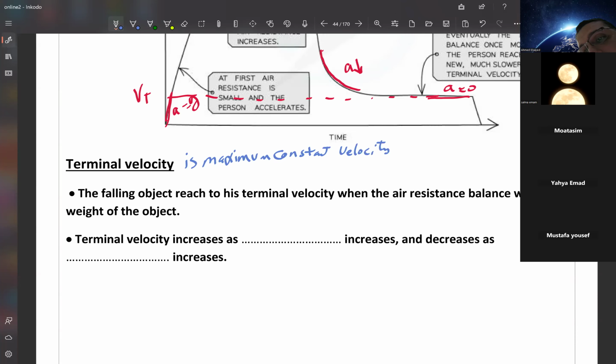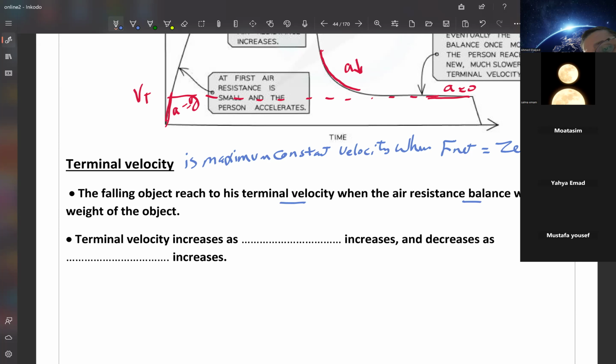When the resultant force F net equals 0. An object reaches its terminal velocity when air resistance balances weight.